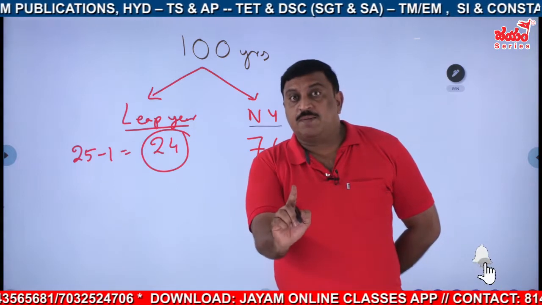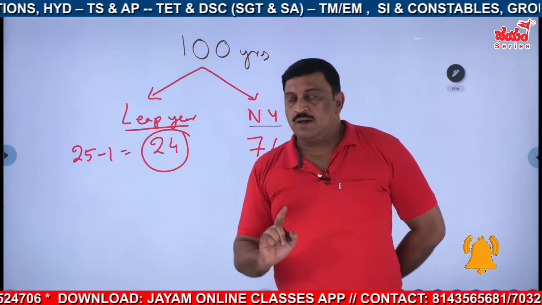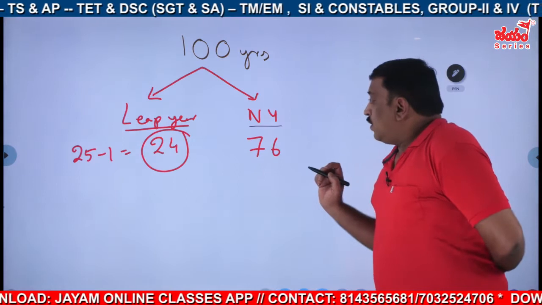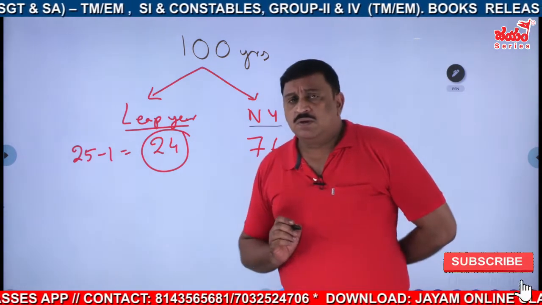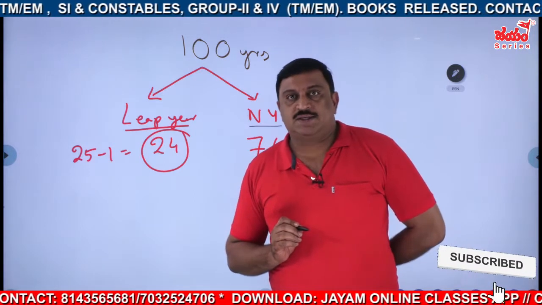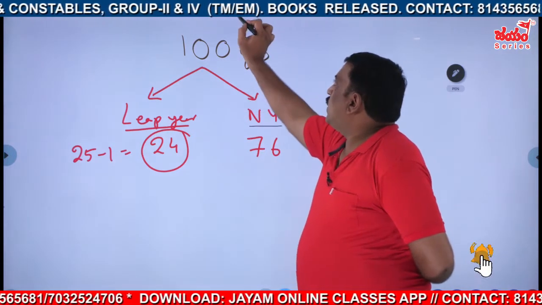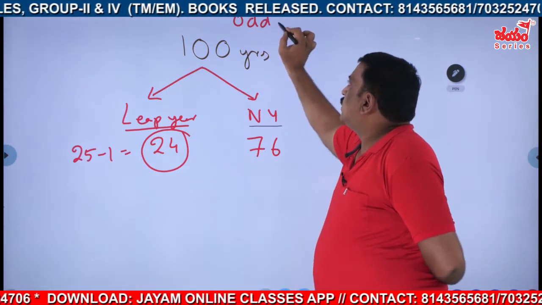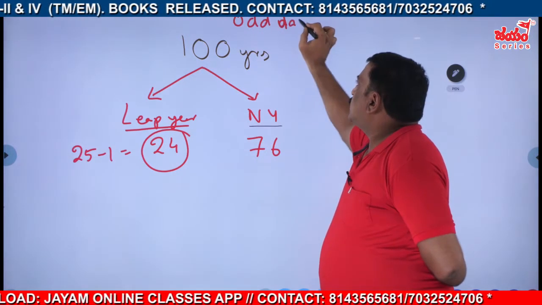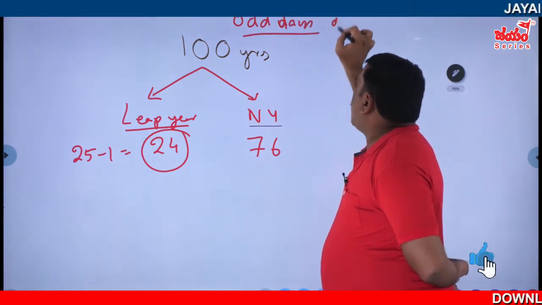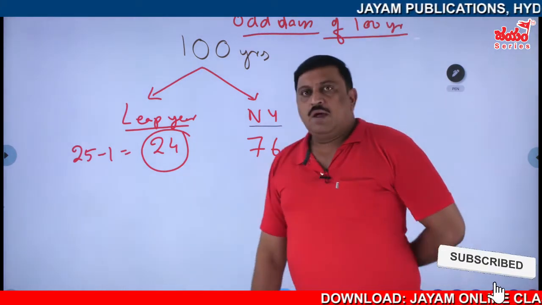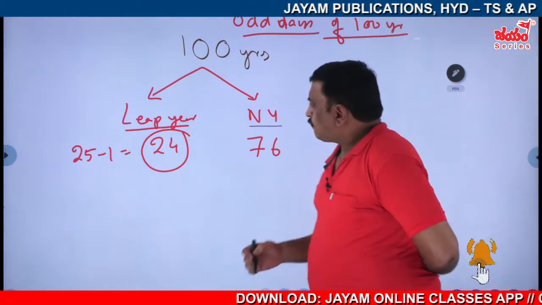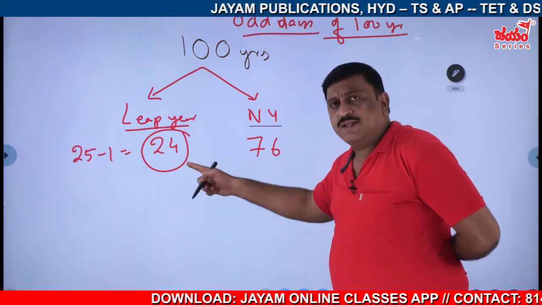This much is clear now. Now, let us find the odd days in 100 years. We are finding the odd days of 100 years. Let us see what happens here. 24 leap years are there.